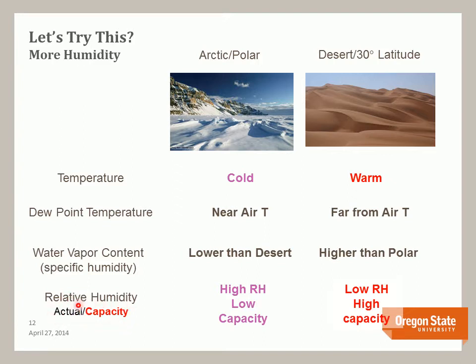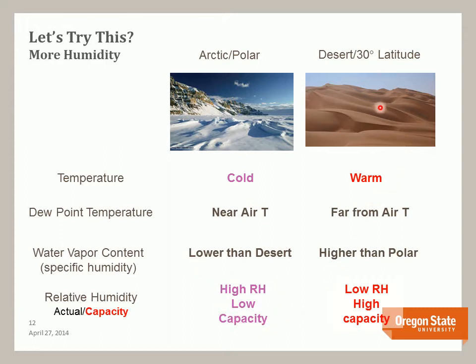So that makes for a high relative humidity, sometimes near 100%. So even though these areas feel super dry to us, they have lower water contents but higher relative humidity.